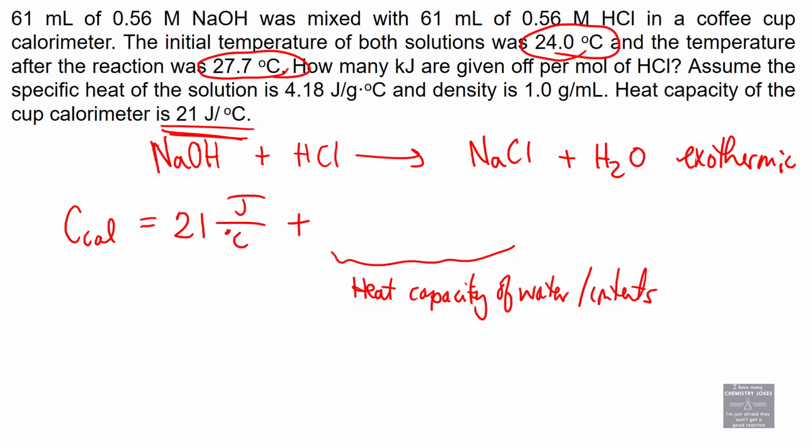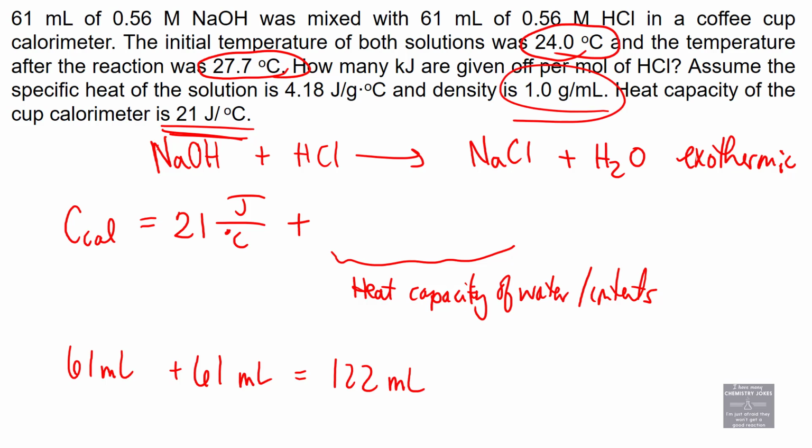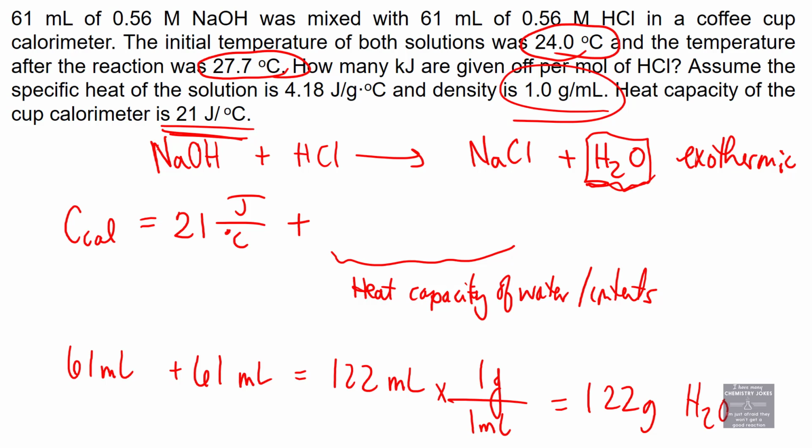Whatever contents you have in there, we're adding 61 milliliters plus 61 milliliters. That's 122 milliliters. 122 milliliters times our density, 1 gram per 1 milliliter, is 122 grams of water being created. Water is our product up there.